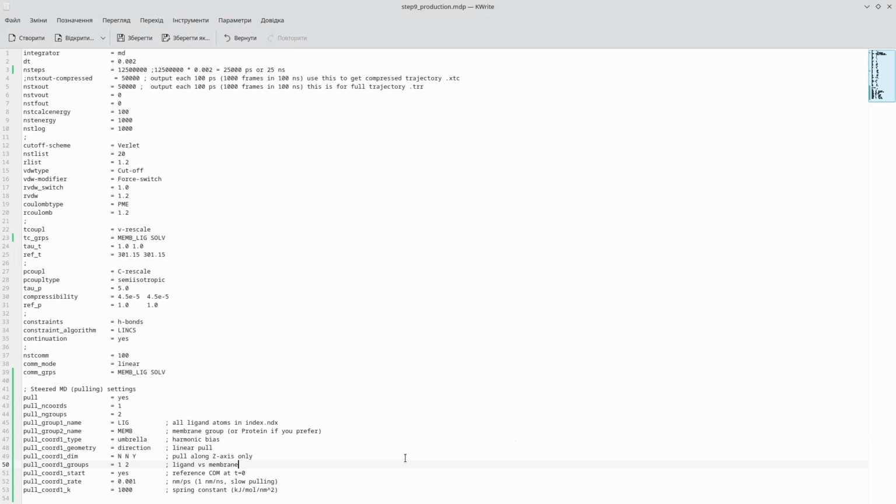In most cases, it is enough because you only want to check if these particular parameters of pulling are correct for your ligand and they do not lead to system crash due to the membrane ripped to shreds or something like that.